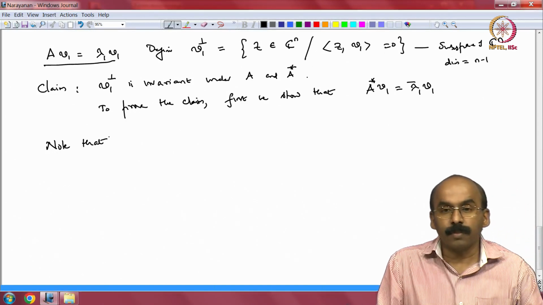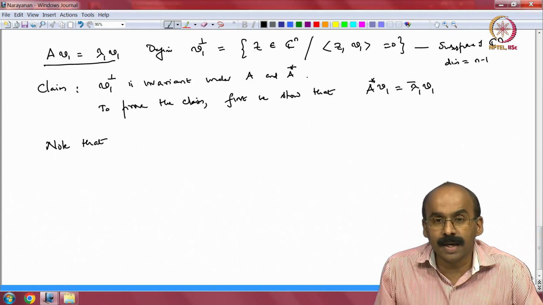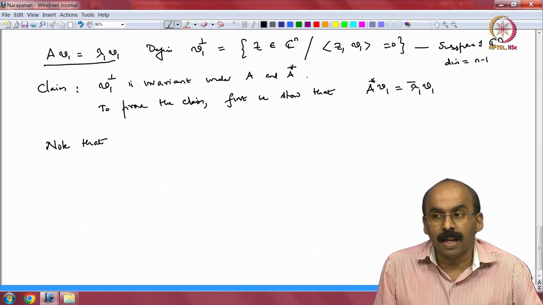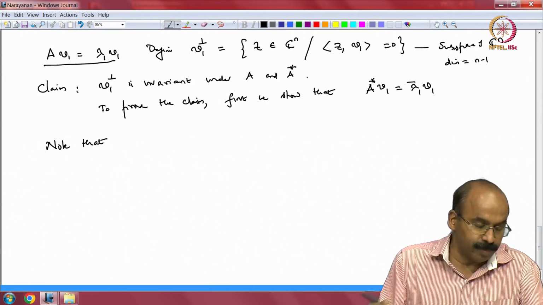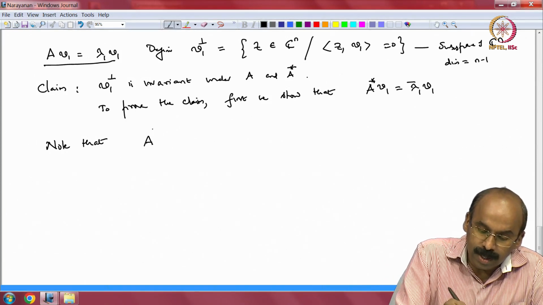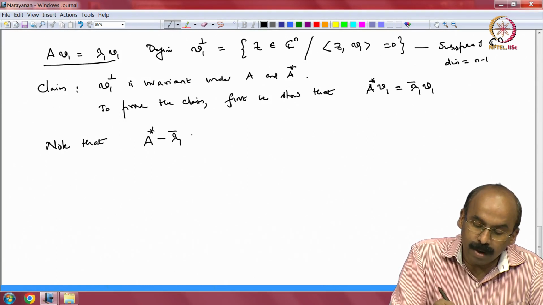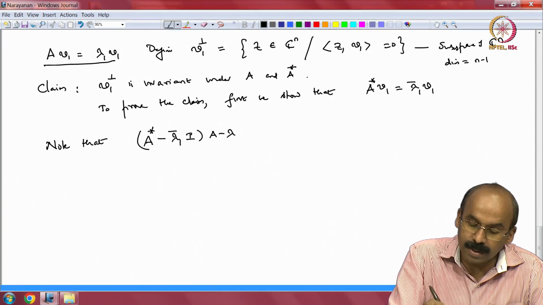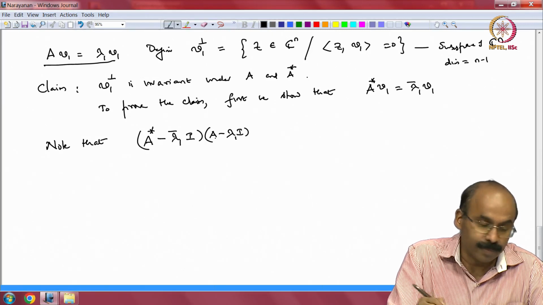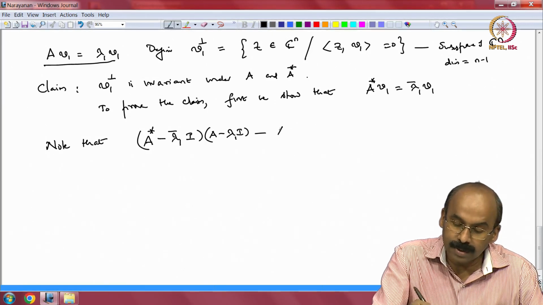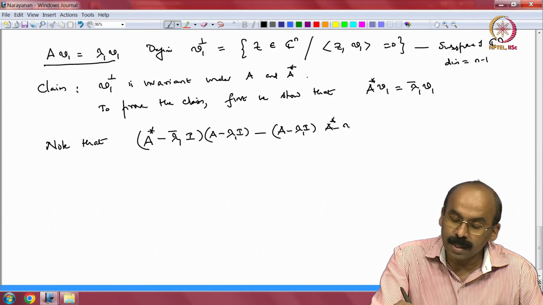Note that I want to show that A star acting on V1 is lambda 1 bar acting on V1. Okay. So, look at A star minus lambda 1 bar identity into A minus lambda 1 identity, minus A minus lambda 1 identity and A star minus lambda 1 bar identity.